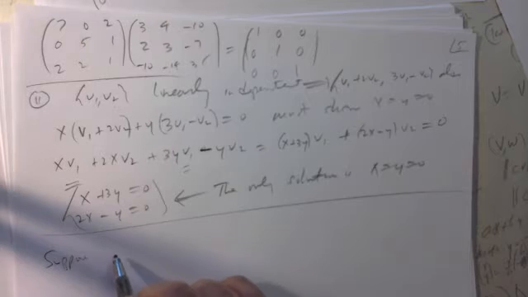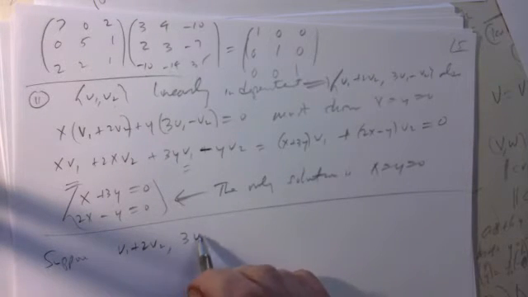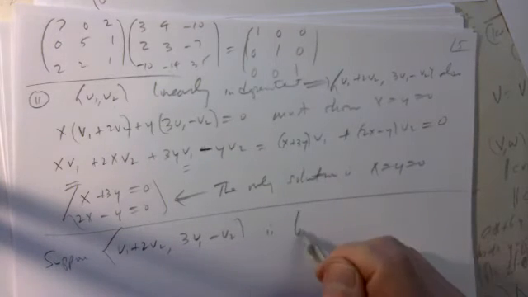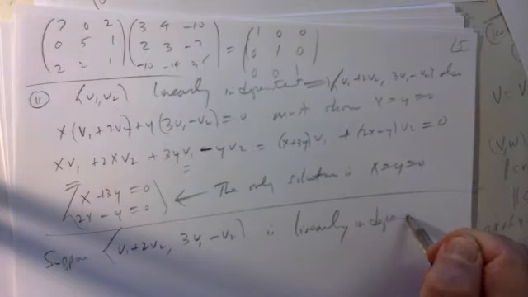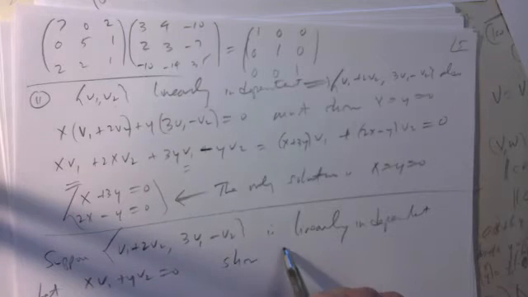So suppose v1 plus 2v2 and 3v1 minus v2, this set of vectors, is linearly independent. Suppose xv1 plus yv2 equals 0. We want to show, in this case, x equals y equals 0.